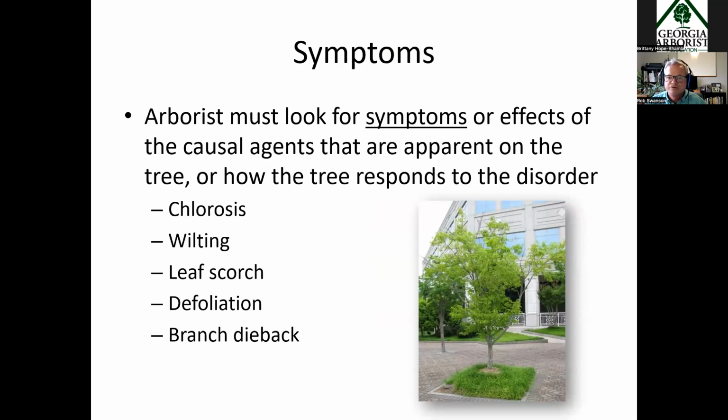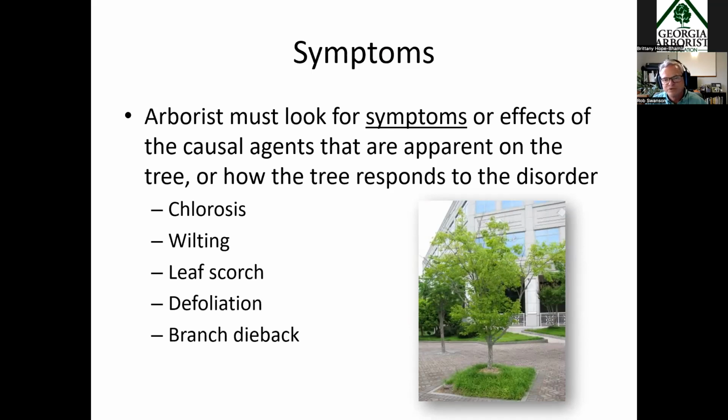Again, these are symptoms. Symptoms are things that can have multiple causes, such as chlorosis. It could be a micronutrient deficiency. It could be insect feeding. It could be a number of things that cause chlorosis: a nitrogen deficiency, a magnesium deficiency, a zinc deficiency, a nickel deficiency, any of those can cause some chlorosis.